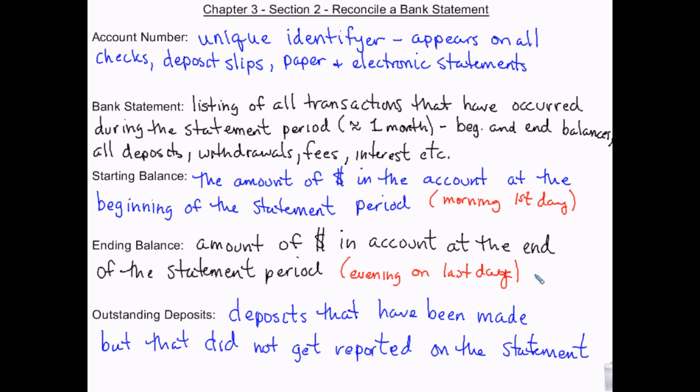Now, if you look at your bank statement and it says on the 1st of the month you had $435.68, and then you look in your check register and say, that's not what my records say I had on the 1st of the month, your balance and your bank's balance, because of delays in transactions, will not match day per day.